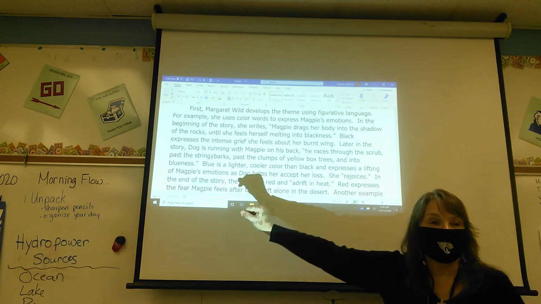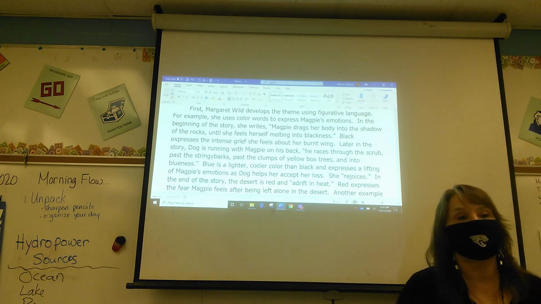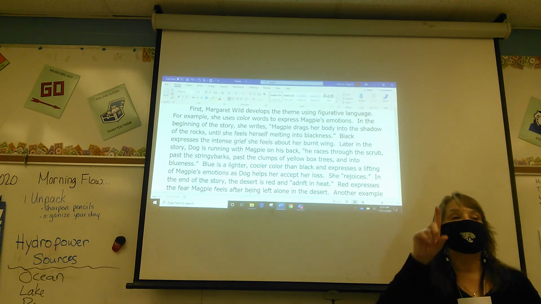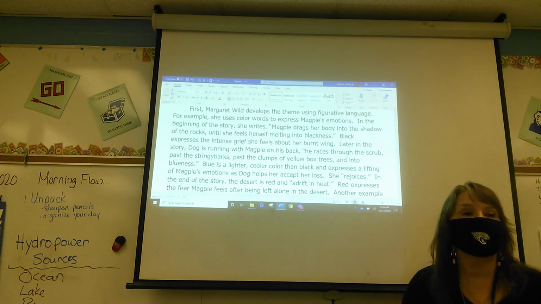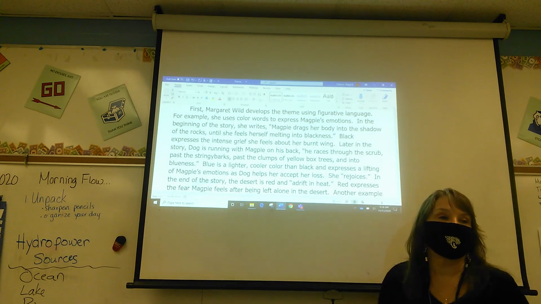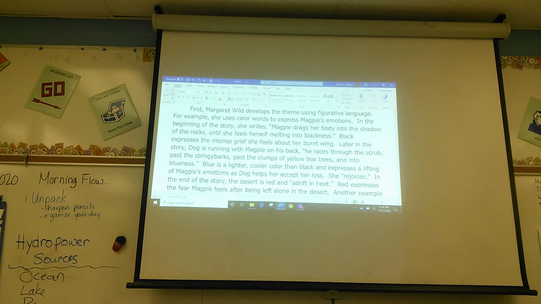For example, so I'm introducing a piece of evidence. I go to my transitional phrases chart, I look in the row that says introducing a piece of evidence, and I choose for example. For example, comma, she uses color words to express Magpie's emotions.